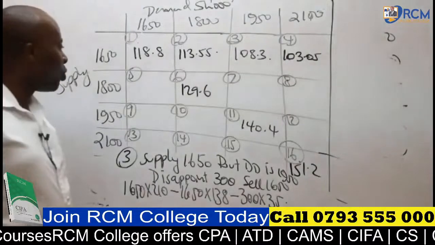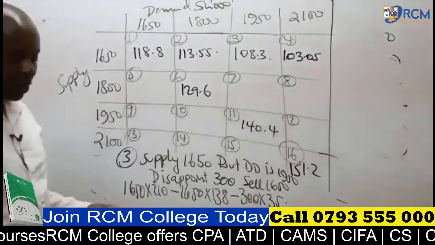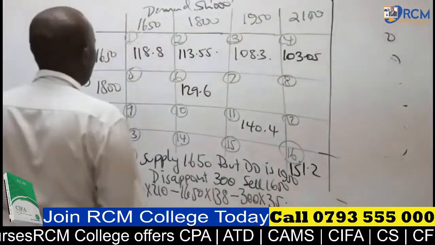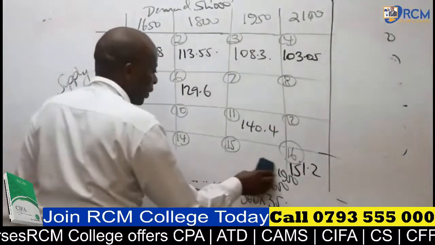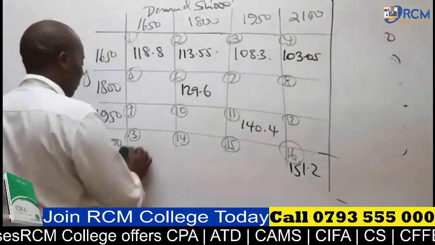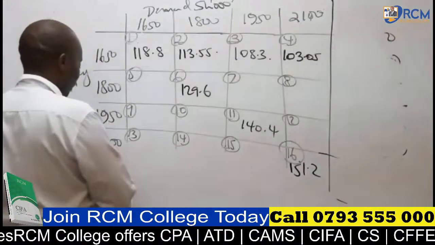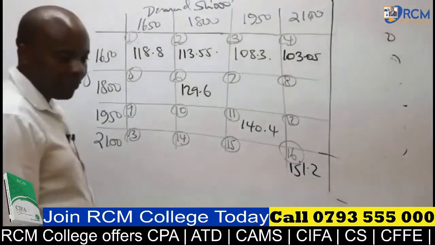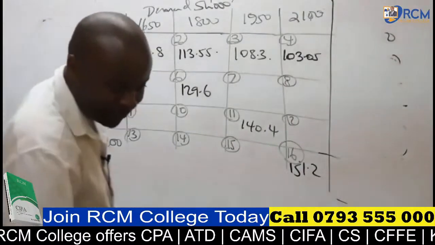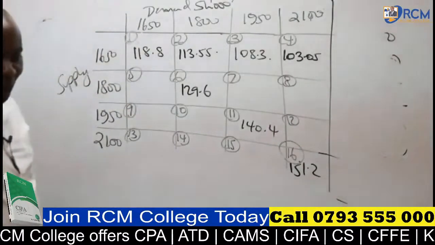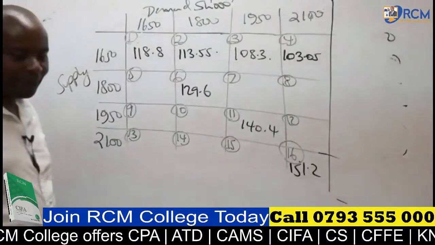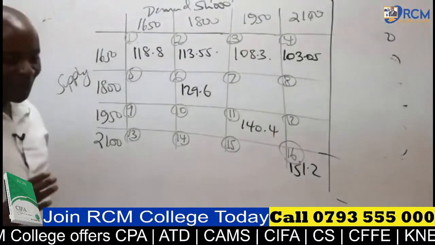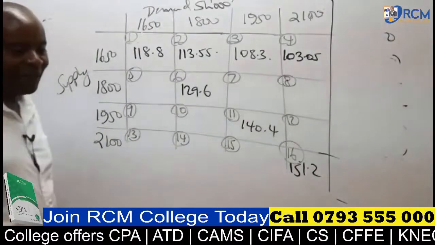So let us go to cell number 5. So cell number 5 is quite a tricky one. Already Lokai has gotten cell number 5.